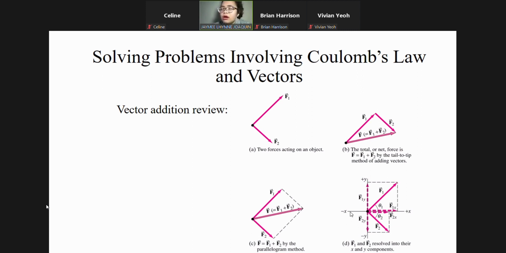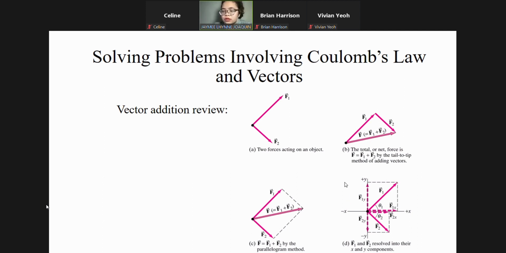So what's important with this is that you are familiar with the different set of mathematical principles for you to be able to easily answer and easily get the correct units, and the correct number for each vectors.